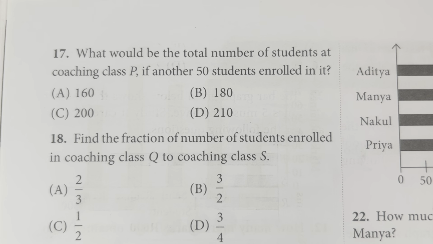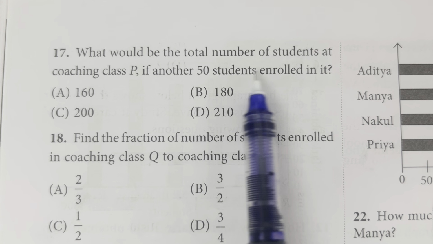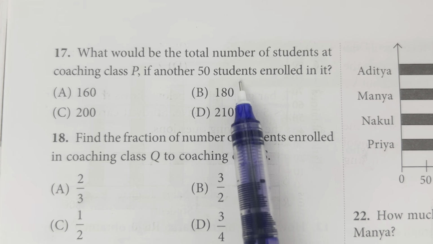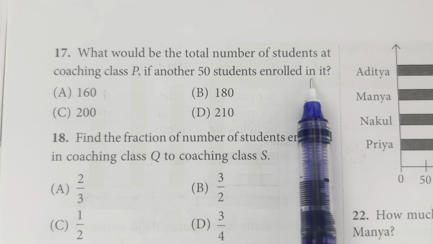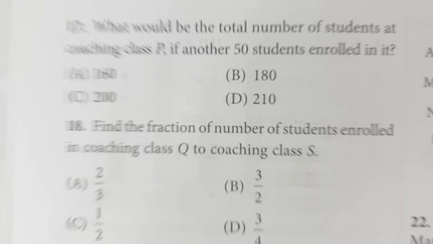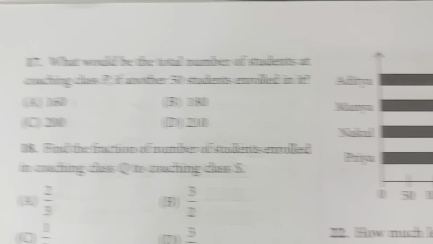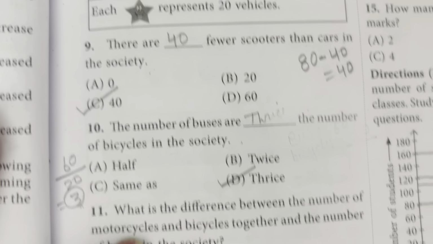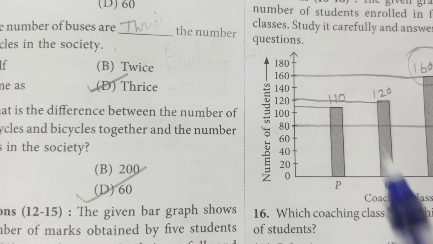Now the next question is question number 17. What would be the total number of students at coaching class P if another 50 students enrolled in it? First of all, in this question we will find the number of students in coaching class P. How many students in P? 110.